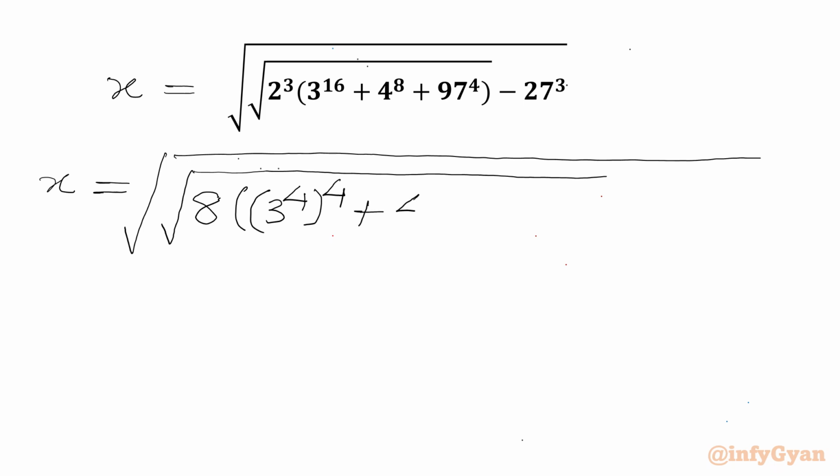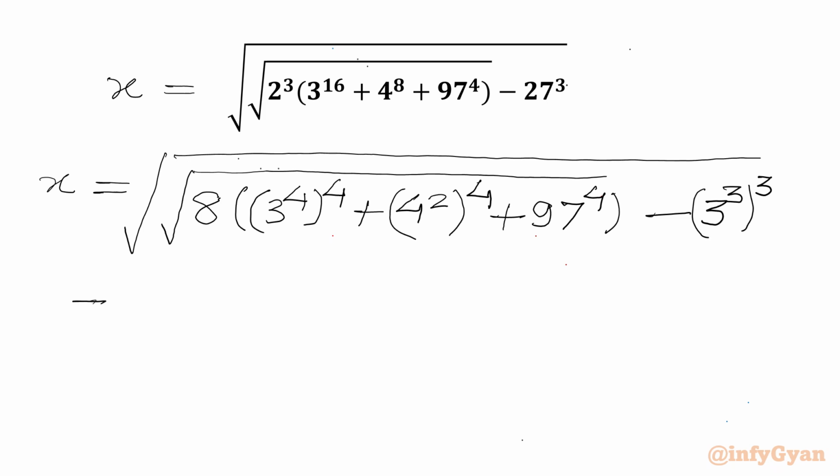We can write this as 4 square and then whole power 4, plus 97 whole power 4, minus 27 is 3 cube. So I can write 3 power 3 and then whole power 3.